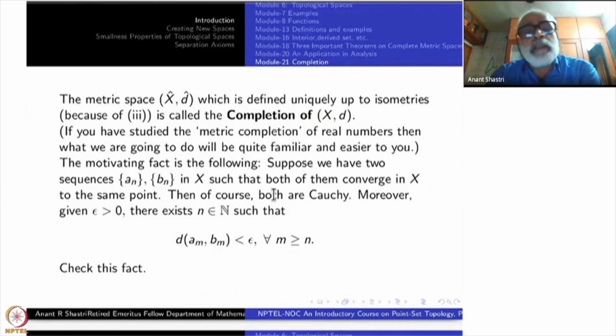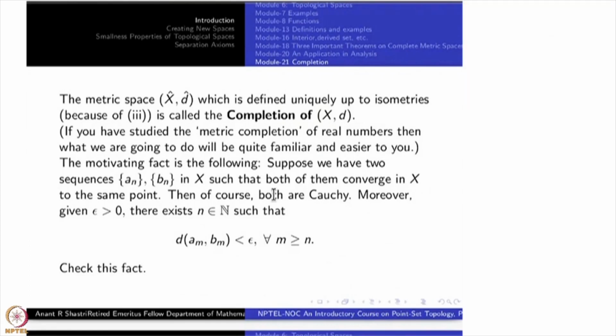When you complete it in this process, what you get is the real numbers. This part we will not prove now. We will only show that the process of constructing the real numbers is similar to this one. That is what I want to emphasize.